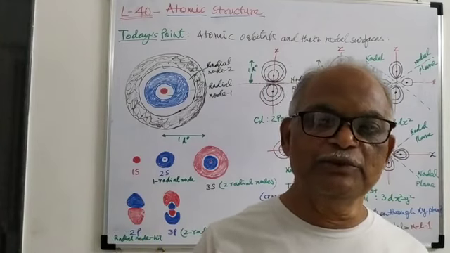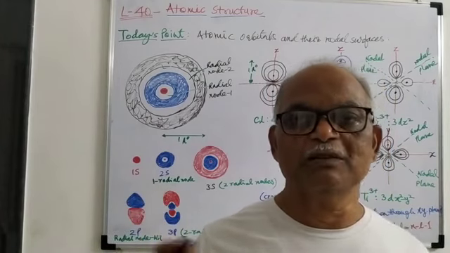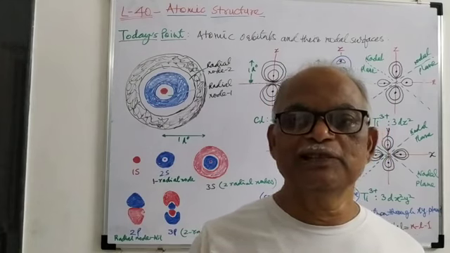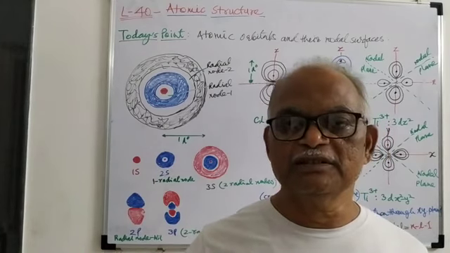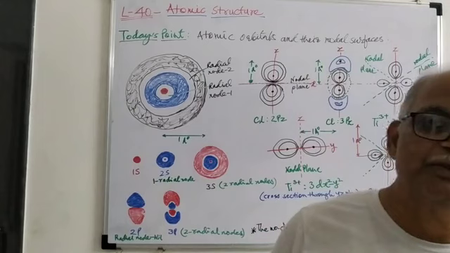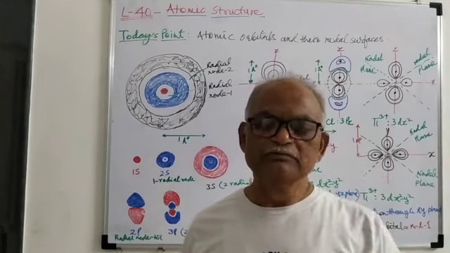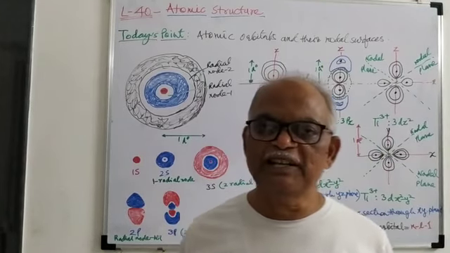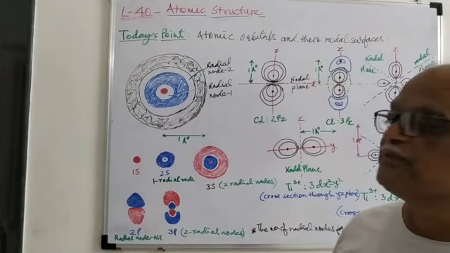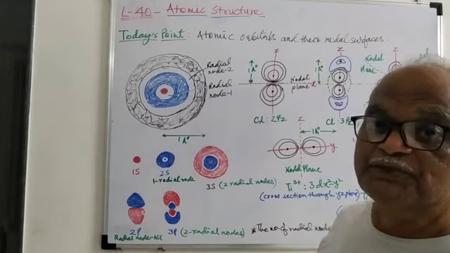When the L value is 1, it indicates the p orbital. When the L value is 2, it indicates the d orbital. In this way, every principal quantum number or main energy level will have different atomic orbitals.